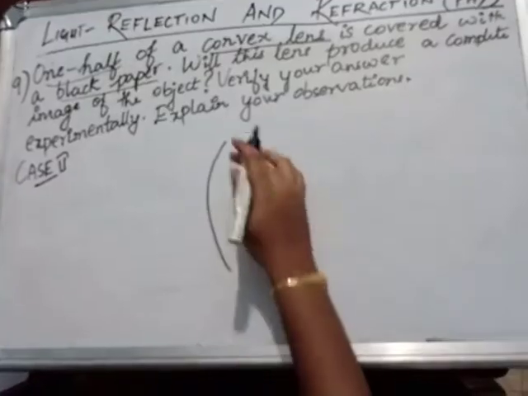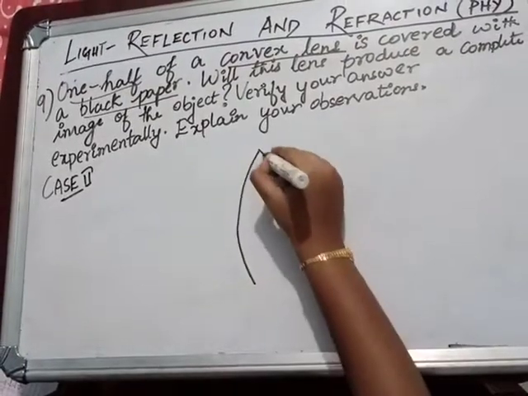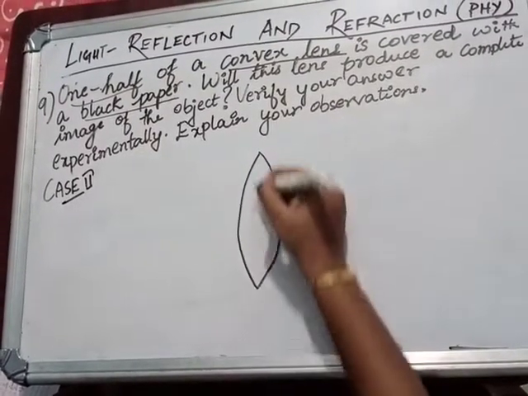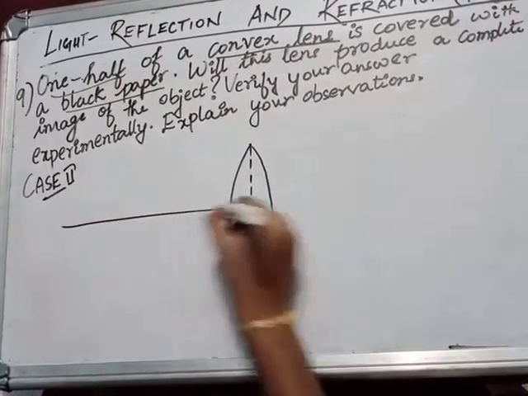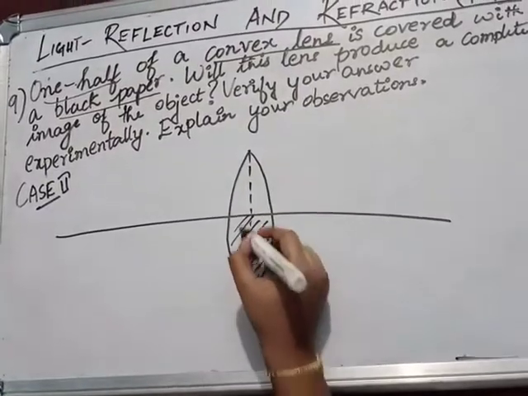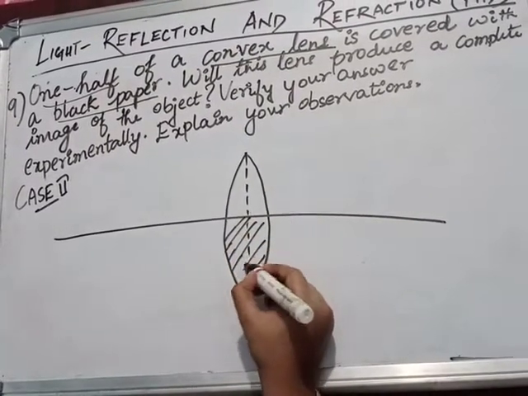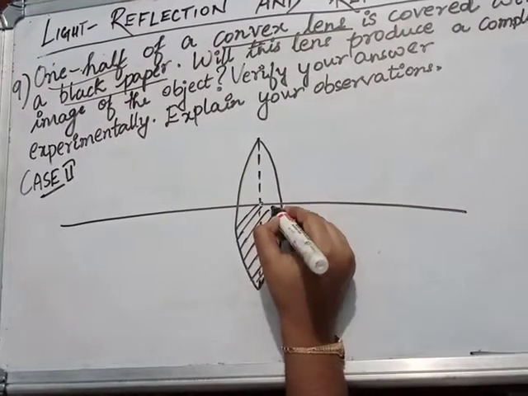This is a convex lens. This is the lower part of the lens, okay? So this lower part of the lens, I am covering it with a black paper. This is the optical center O.